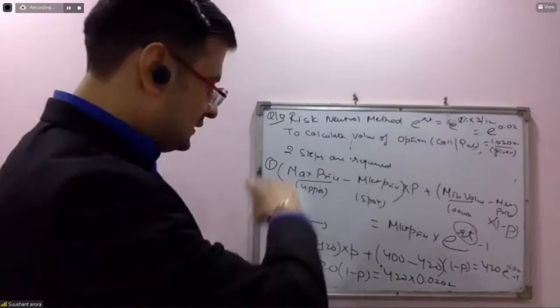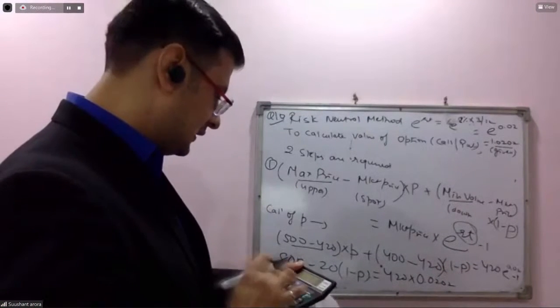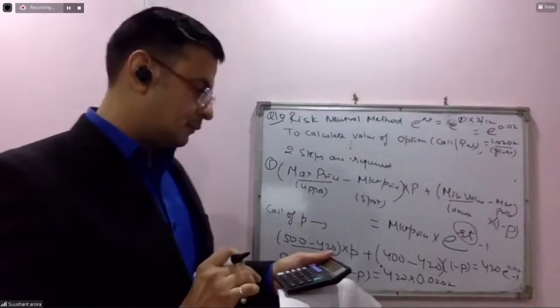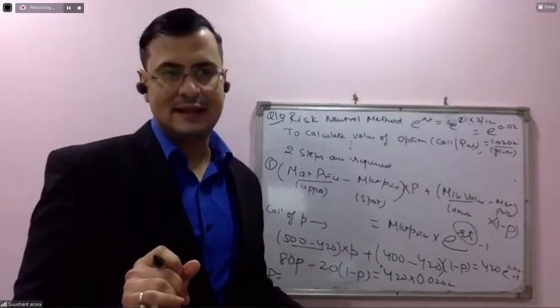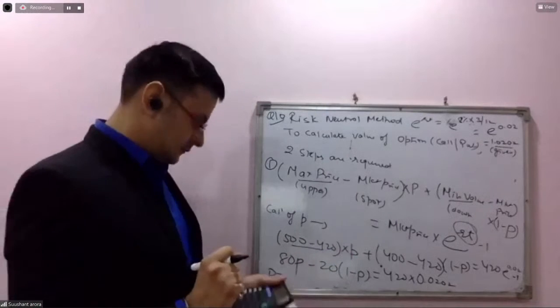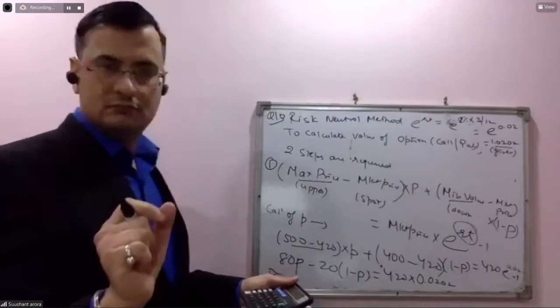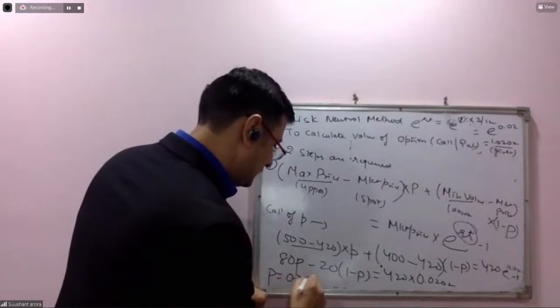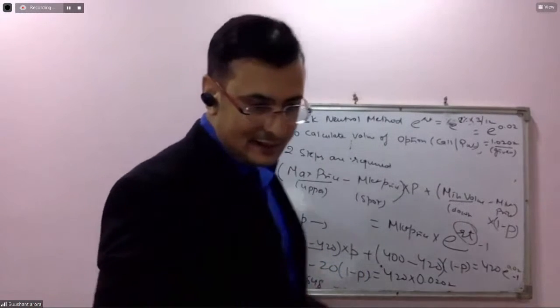Okay, this will go there, plus 20 divided by 100, I think. So 28.48. P is getting out to be 0.28 something. So 0.2848. Have I done it correctly?